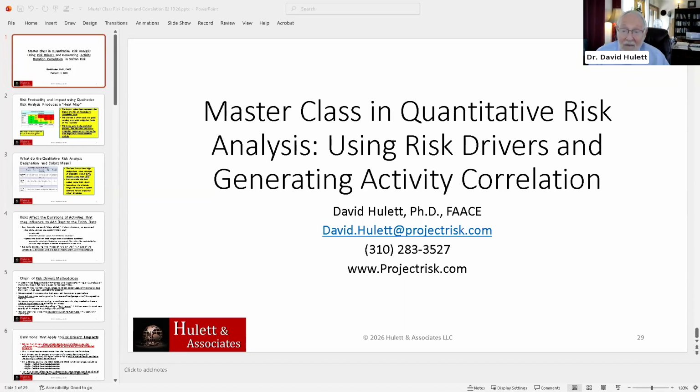Recording the impacts. First of all, the systemic risk has its own probability and its own impact, but obviously it's got wide application because it is systemic. If you say I've got a complex schedule, that's a systemic risk, and you're using new materials or new processes never been used at that scale before.